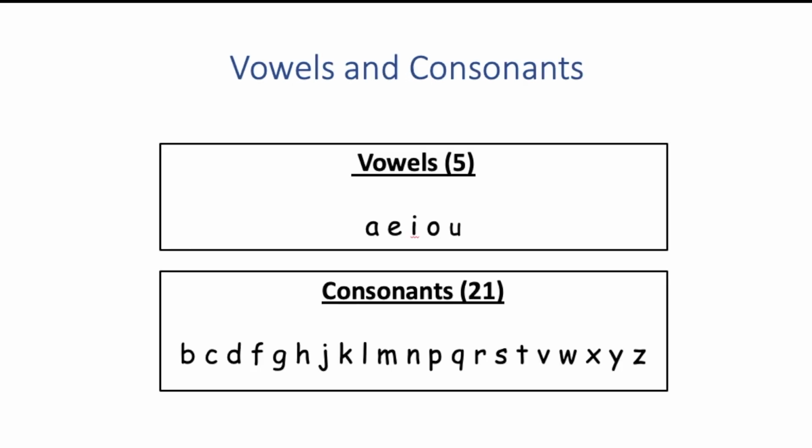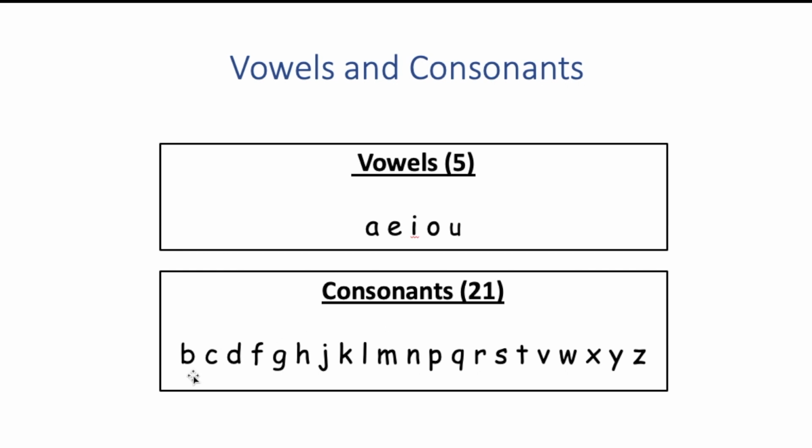It's very important when you study English to understand vowels and consonants. Okay, so vowels and consonants. In English you have 5 vowels: A, E, I, O, and U. And you have 21 consonants.